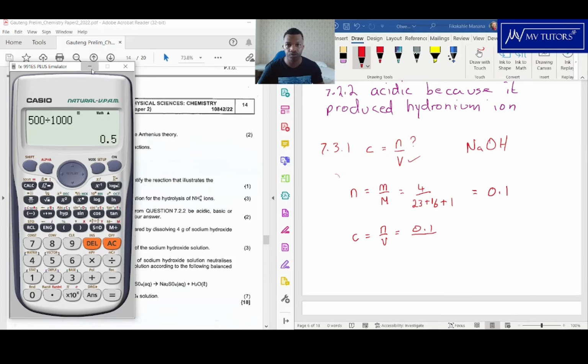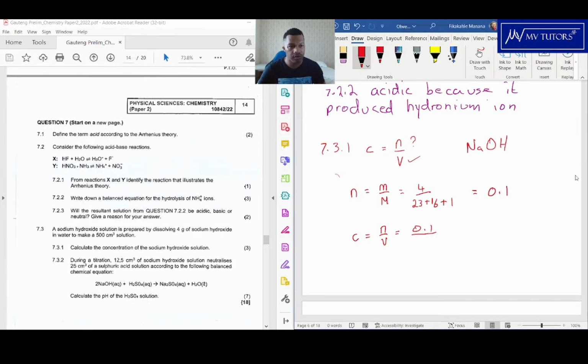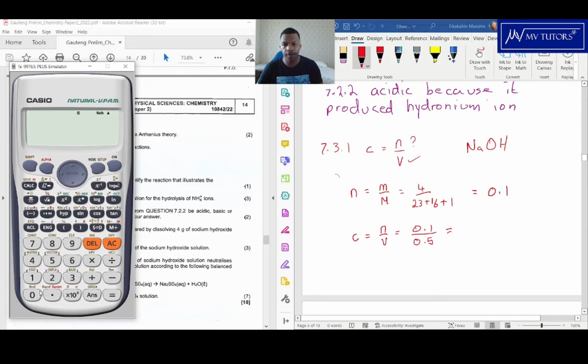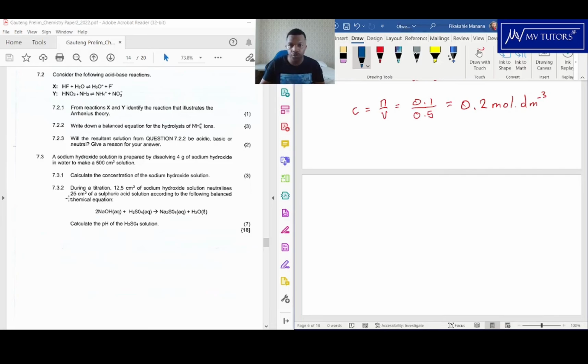It's just a conversion. Now we're gonna have 0.1 divided by 0.5, and there we go. Our answer is 0.2. And what is it? It's mole per decimeter cubed. Remember, we converted it to decimeter cubed.